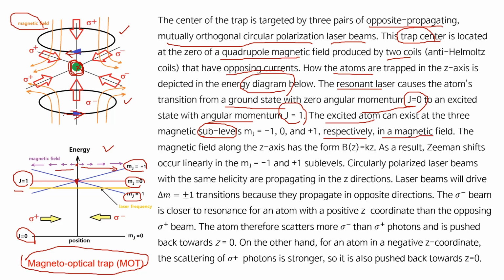Also in this direction, the field strength is increasing. So by J1 splitting, energy levels are changing in this way. mj equals 1, mj equals -1, changing in this direction.